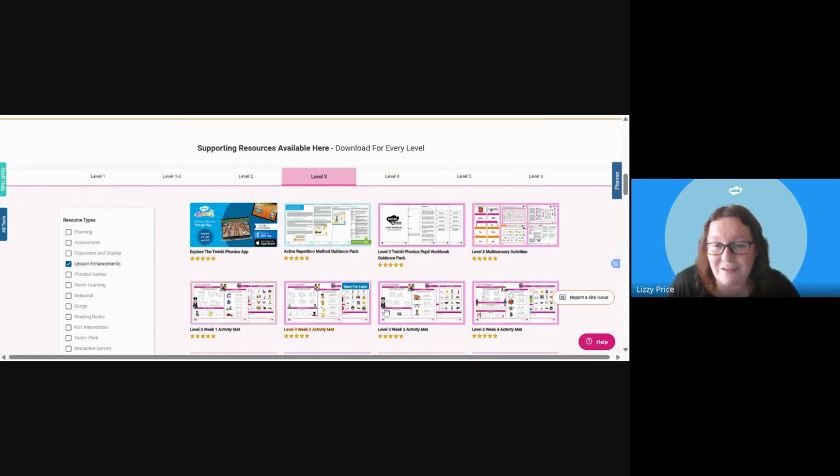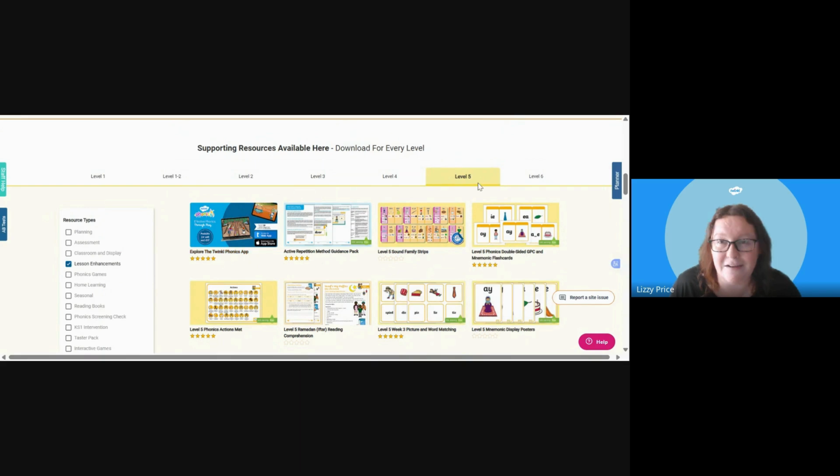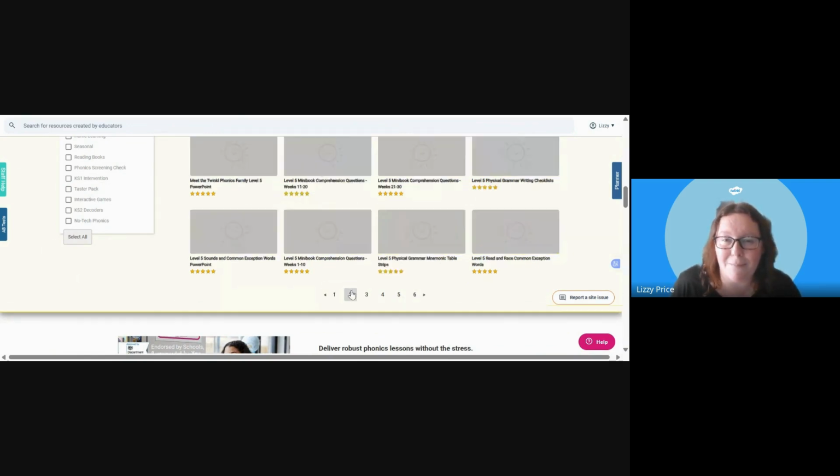So you can see those same activity mats follow up in their processes for each of these levels 2, 3, and 4. And beyond. When we move up to level 5, for instance, still within lesson enhancements, you'll start to find some different guidance to support with the different elements of writing, such as spelling, grammar, and punctuation.